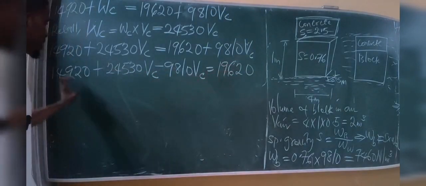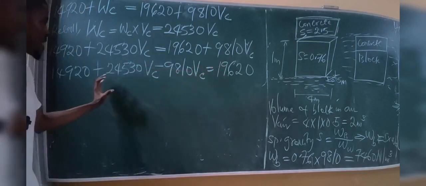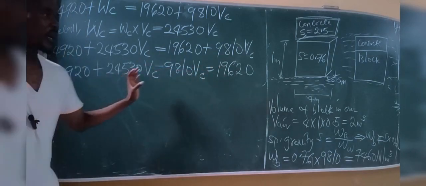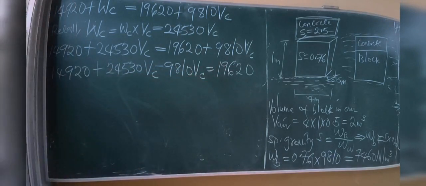Next, I will send 14920 over here. This is a constant, so I transfer it over here so that I have just terms in VC on one side and constant values on the other.